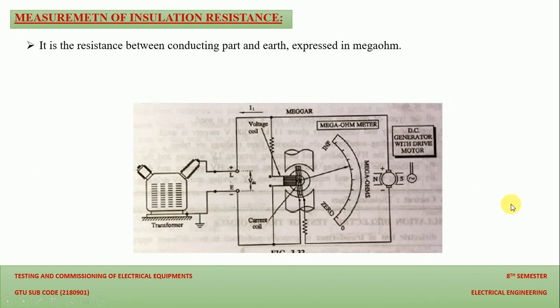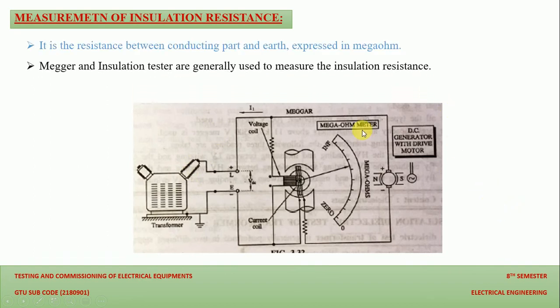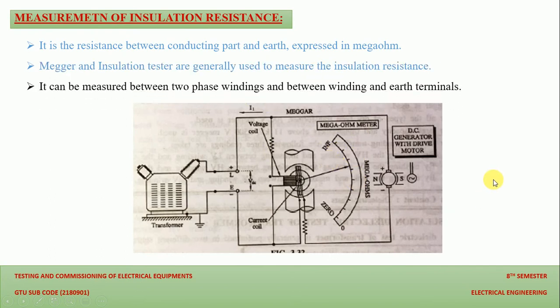It is expressed in megaohms. The Megger is an insulation tester generally used to measure insulation resistance, as we have already discussed. It can be measured between two phase windings and between winding and earth. If we measure insulation between two phase windings, it will show the insulation resistance between the two conductors.